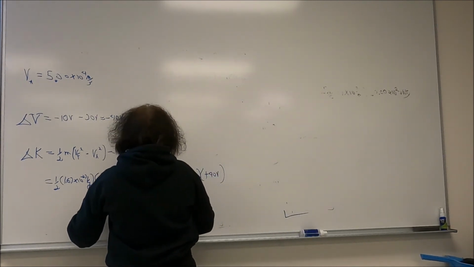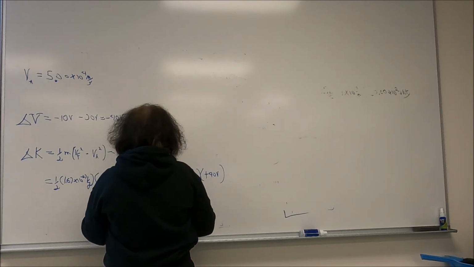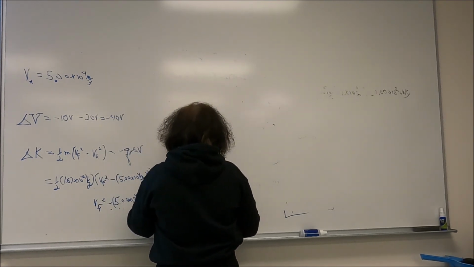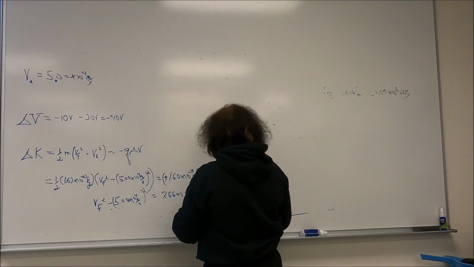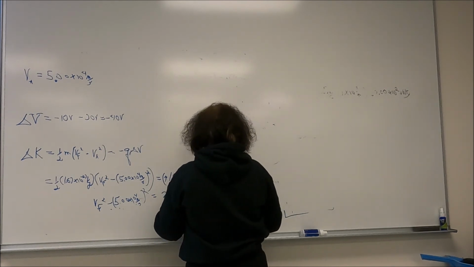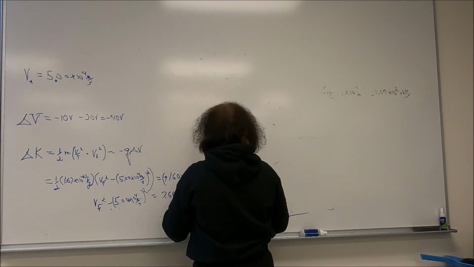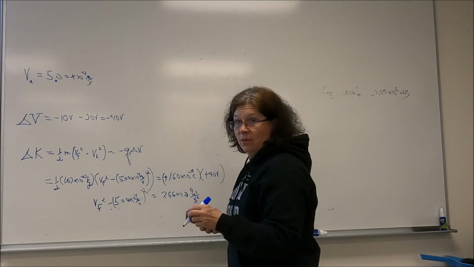I get V final squared minus 5 times 10 to the 4 meters per second quantity squared is equal to 7.76 times 10 to the 9, and that's going to be meters squared over second squared, because I have a coulomb times a volt. Okay?